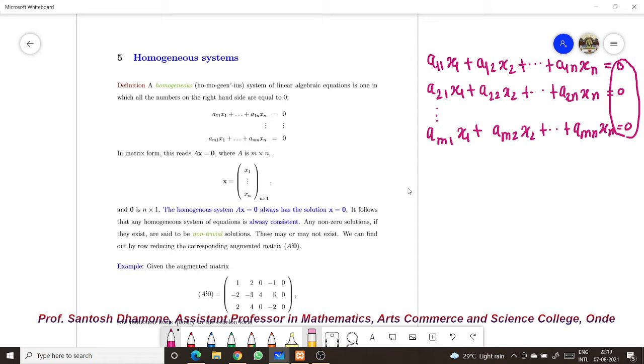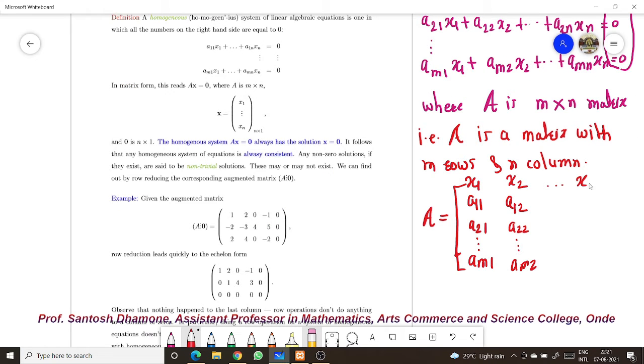Then the second column is the coefficient of x2: a12, a22 and so on up to am2. The last column of this matrix is the column of coefficients of xn, which are a1n, a2n, and the last element is amn.